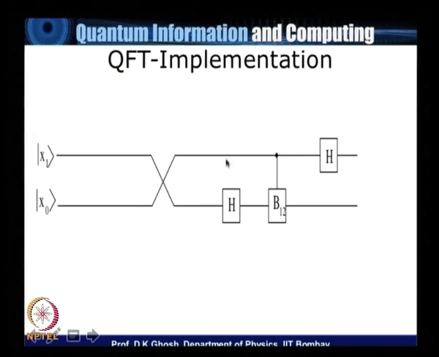We swap it, and then as we have seen that on the first line, which is not affected by this control, I put a Hadamard gate there, and on the second line I put a Hadamard and B12 there. Now if I do that, then the operations would have been done in the order that we want, because the way my states came, they were reversed.